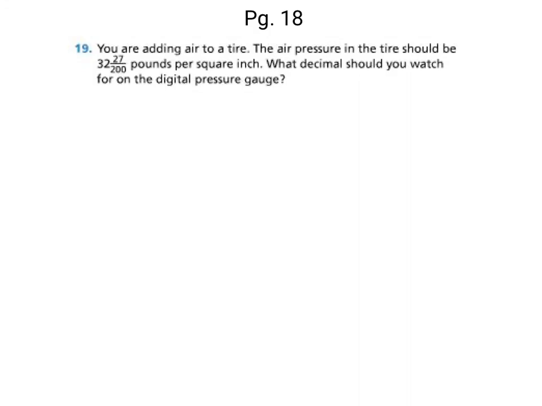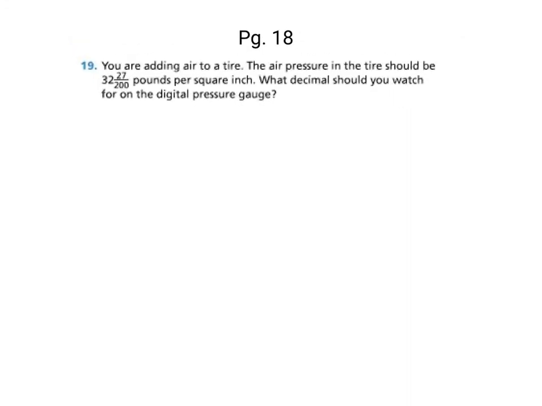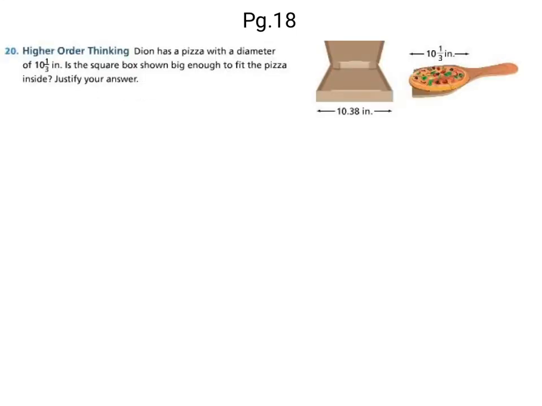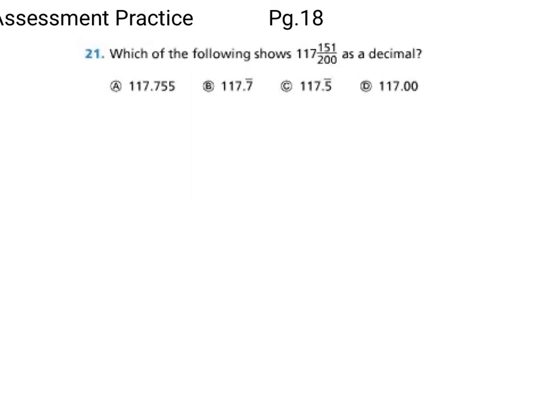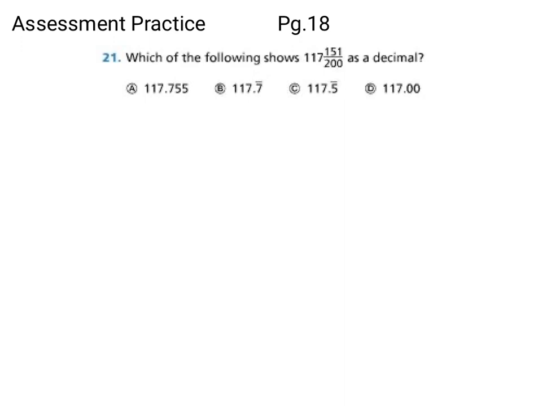Okay. 19. You are adding, no, I'm so sorry, we skipped this. We skipped 19 and 20, okay? The higher order ones, we skipped those. So on the bottom of page 18 on assessment practice number 21, which of the following shows 117 and 151 200ths as a decimal? It is a bigger number, but we do the same process.